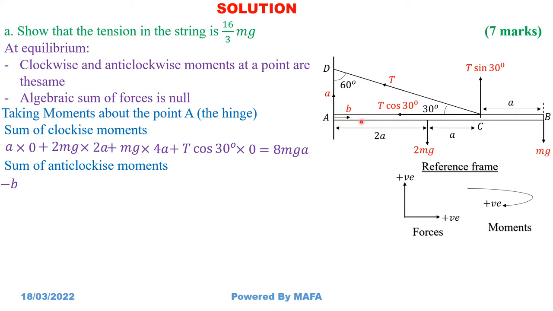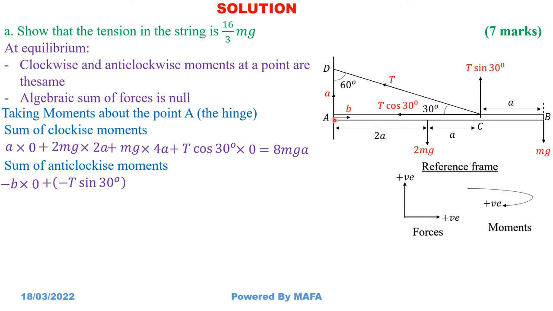But since it is anti-clockwise moment, with the directional sign, this becomes negative. So we have negative B times its perpendicular distance from this point, and the perpendicular distance is 0.